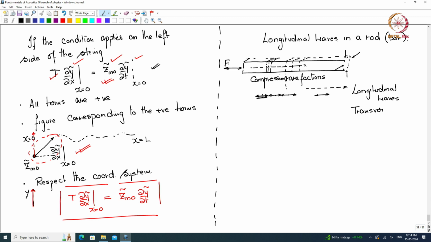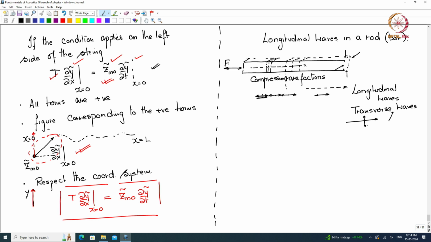On the string, the direction of propagation was horizontal, but any particle would move up and down on the string. Okay. So, that is why these are called transverse waves.